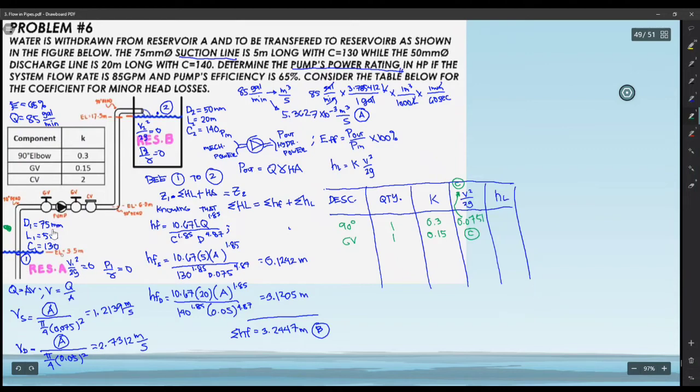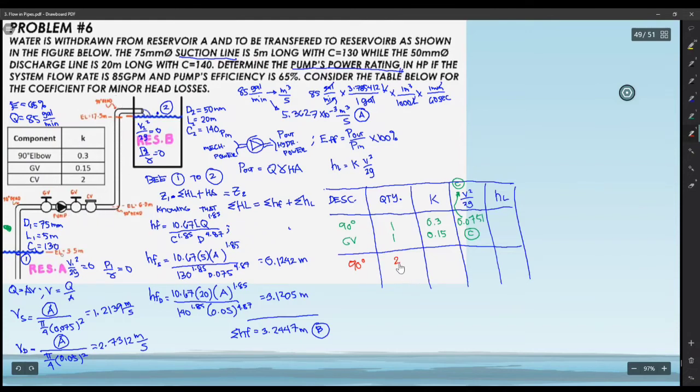And then, meron pa ba tayong mga fittings dito? So, wala na. So, this time, para naman sa discharge line. So, ano bang kulay na? Ito, pula. Gawin ko na lang pula. So, unahin natin yung 90-degree bend. Ito yung discharge line natin. So, isa, dalawa.